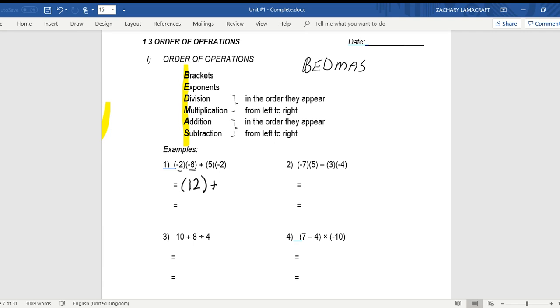So 5 times -2 equals, since we have different signs, a negative number, and that being 10. Since we've done the multiplication, we then need to deal with the addition or subtraction. Remember, when we look at these two signs, since they are opposite, it becomes basically subtraction. So 12 minus 10, giving us the answer of 2.